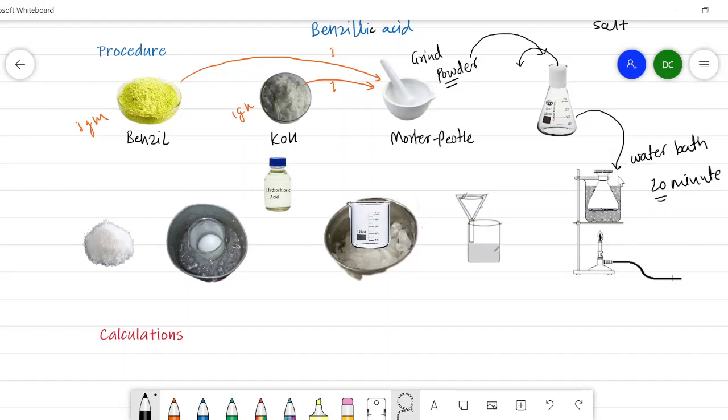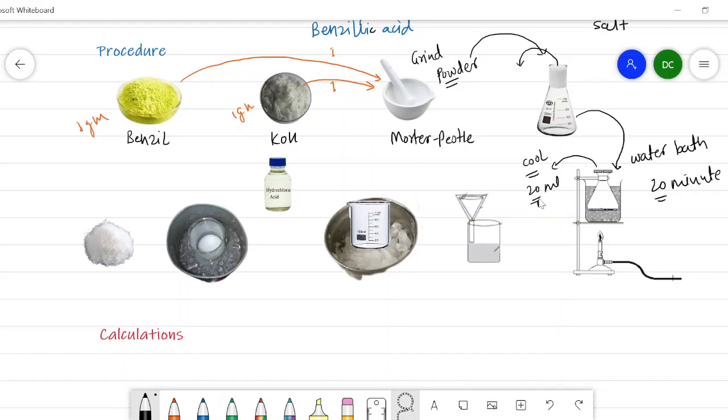In the water bath, we heat this conical flask, and after the heating, we cool this flask, and after cooling, we add 20 ml water.